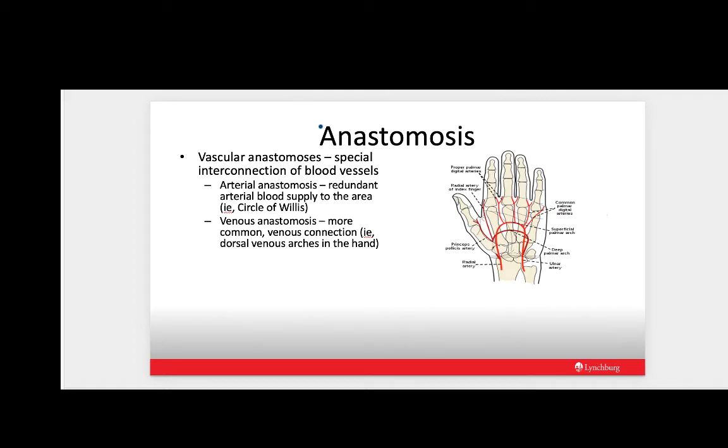This is another interesting aspect of blood vessels, and these are called anastomoses or anastomosis. What you'll find with blood vessels is that they tend to be highly redundant. So on the arterial side of things, we are going to see arteries that interconnect and create networks where we have multiple arteries traveling to the same area, and then they connect and form this kind of redundant blood flow.